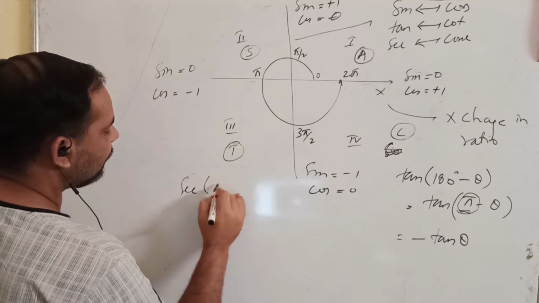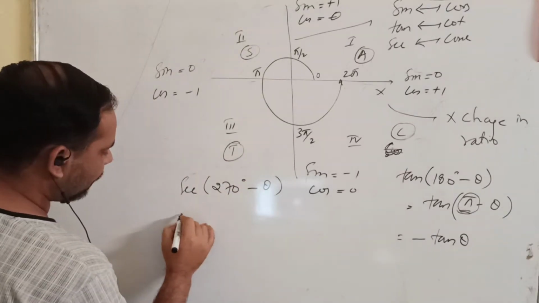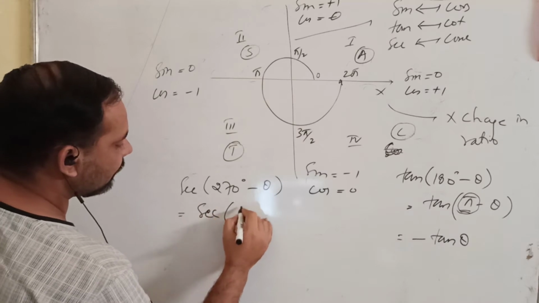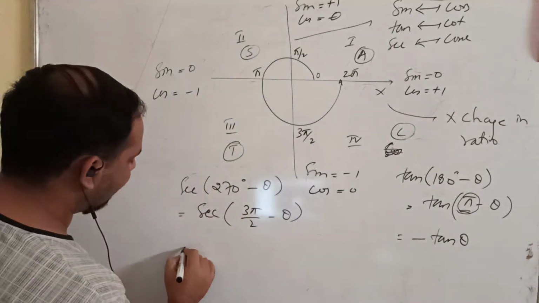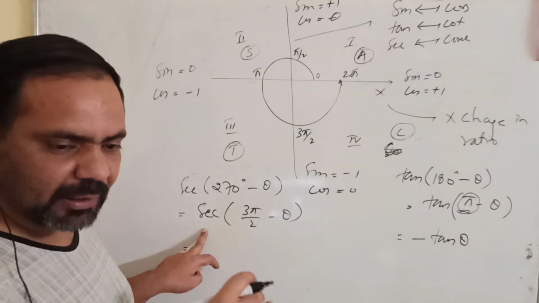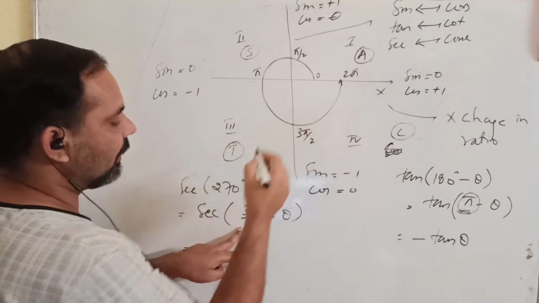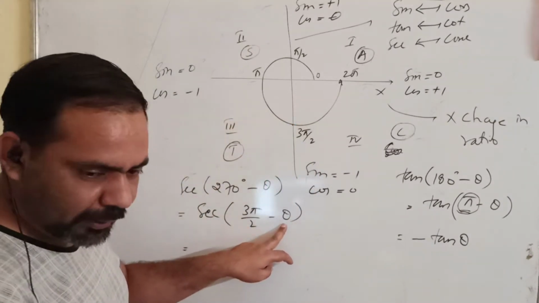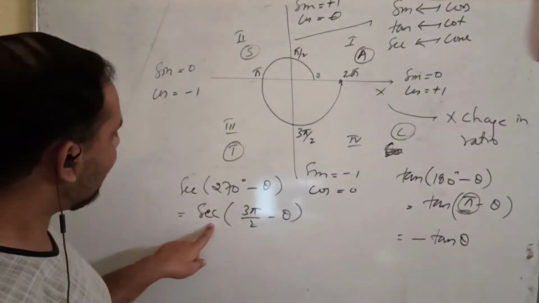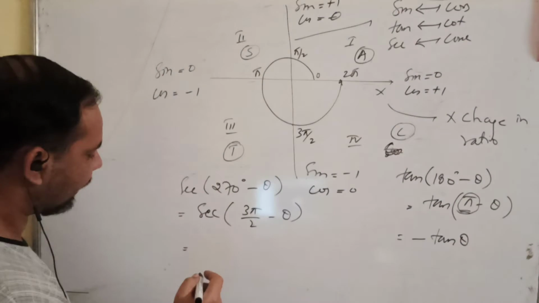Suppose sec 270 minus theta. So you can write this as sec 3 pi by 2 minus theta. Now first of all, we will check whether it will be positive or negative. So 3 pi by 2 is this point. If you subtract anything, you will move back. So you will reach the third quadrant. Now in third quadrant, only tan and cot are positive, others are negative.